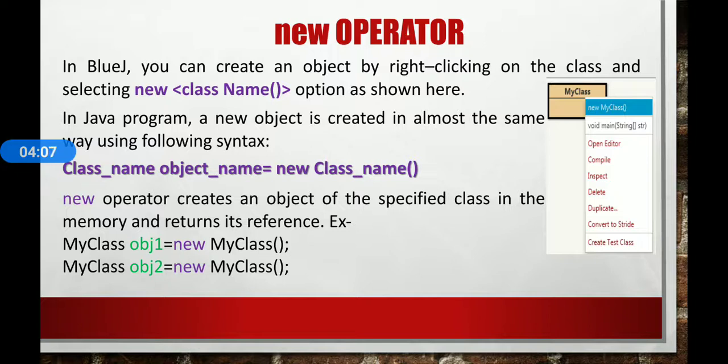For example, here two objects of MyClass are created using the new operator. The references of those objects are named by us, that's obj1 and obj2. Here MyClass obj1 = new MyClass(), and MyClass obj2 = new MyClass(). It means obj1 and obj2 are two objects of MyClass.